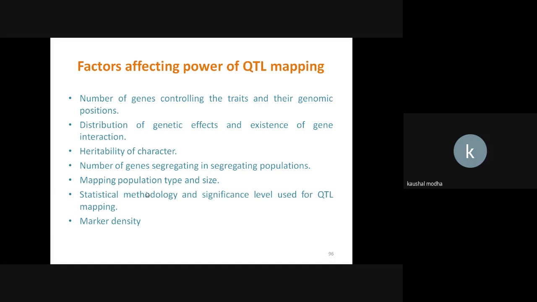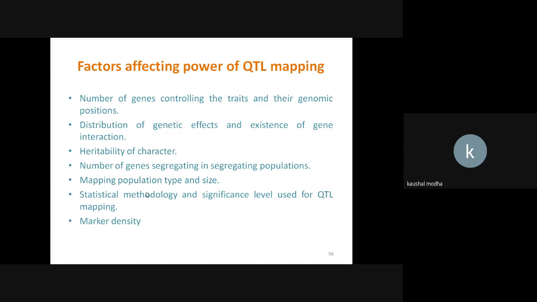Generally, as I told you, a LOD score of 3 is considered better, but by the shuffling method, as I described earlier, if you realize that the false discovery ratio is higher in your material, then it is better to raise the significance level from a LOD score of 3 to 4 or 5, where you don't get false linkage due to chance factor. And the marker density: the more the marker density, the better. If marker density is too low, then the power of QTL mapping will go down.